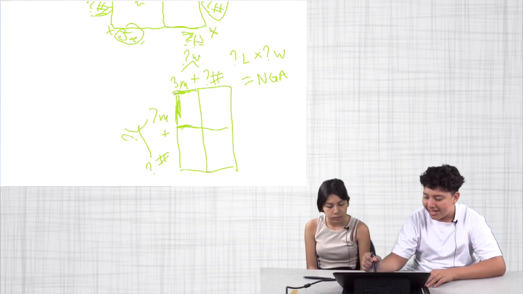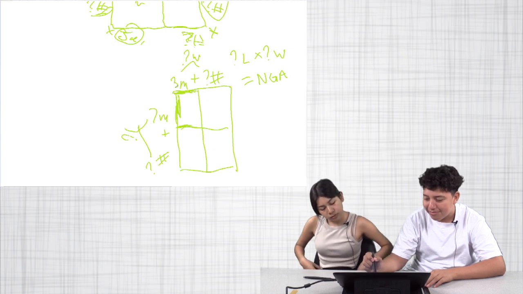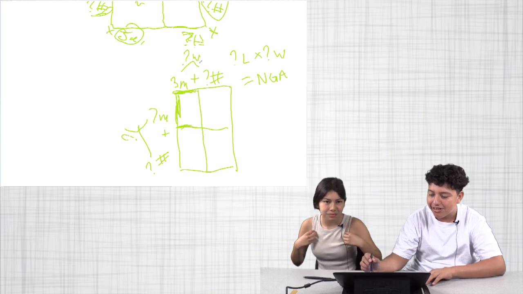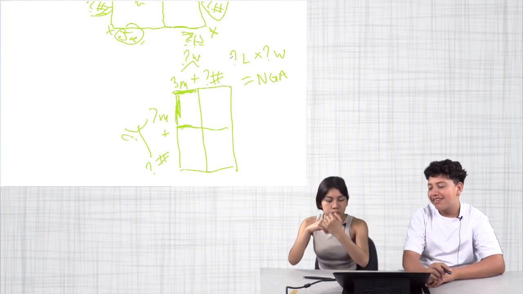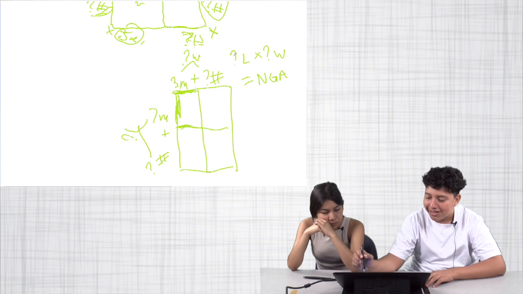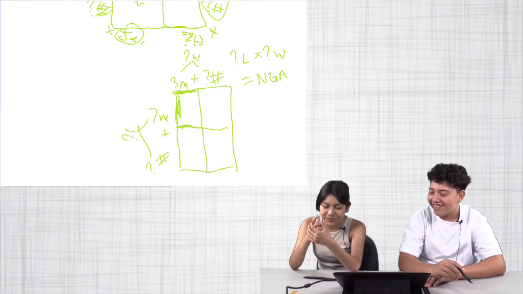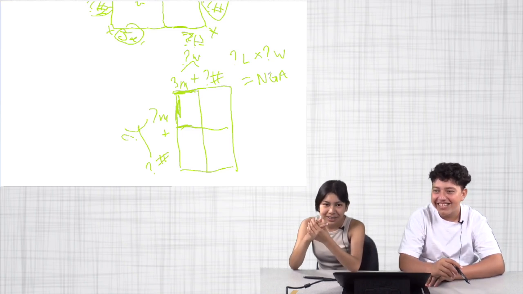And then she also added the 3 meters plus an unknown number, which is going to get her the unknown width. And then if you multiply the unknown length times the unknown width, you're going to get the NGA. What's NGA? New garden area. New garden area, okay.